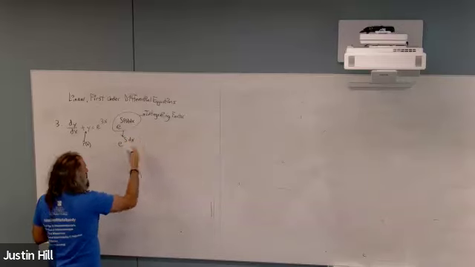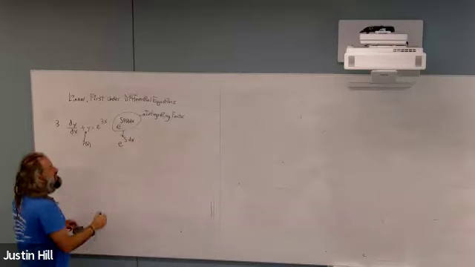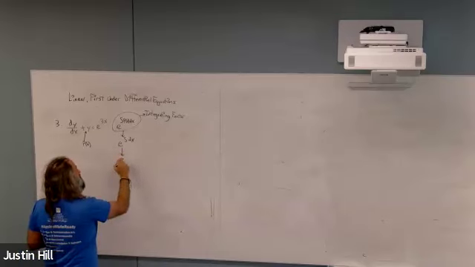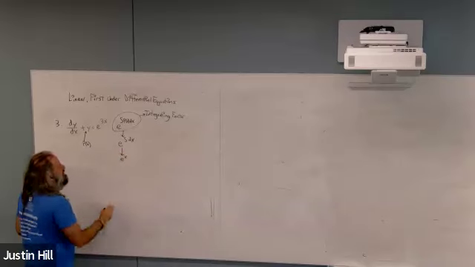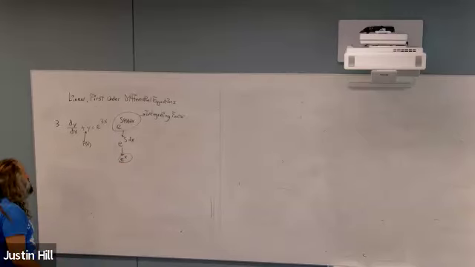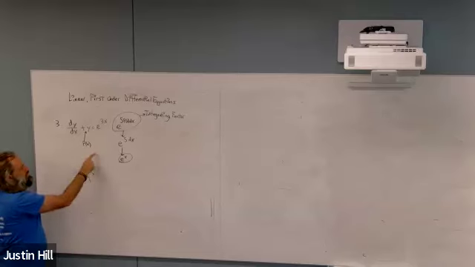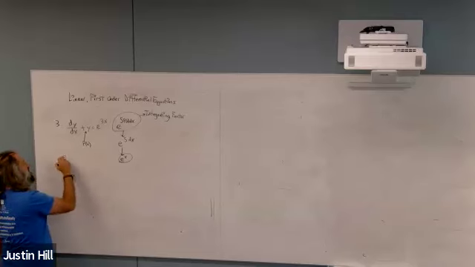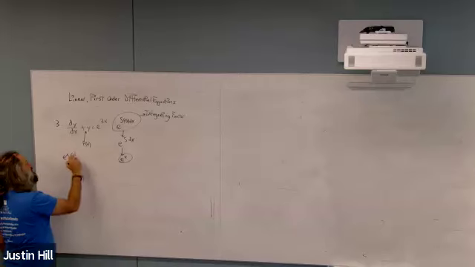Either way, when you integrate dx, what do you get? That's an x. So my integrating factor is e to the x. What I'm going to do then is multiply both sides of the equation by e to the x.